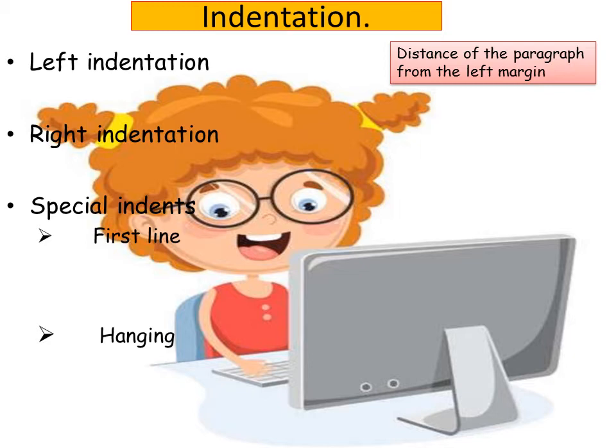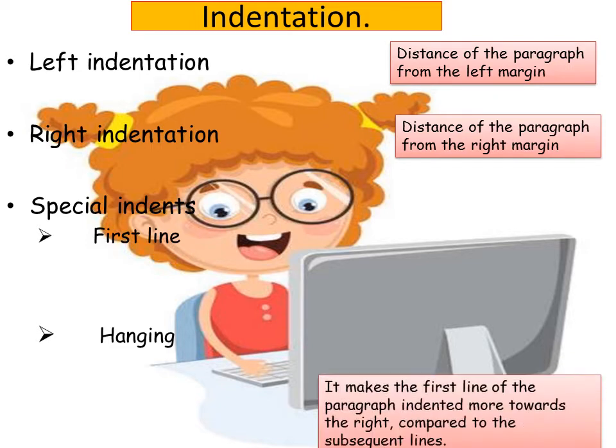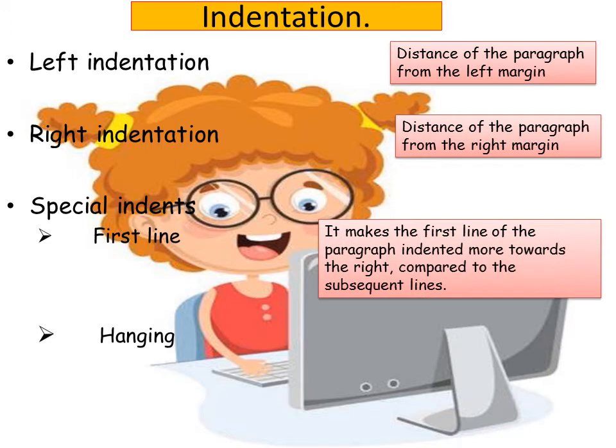left indentation. It means the distance of the paragraph from the left margin. And the next one is right indentation. It is the distance of the paragraph from the right margin. And special indents.